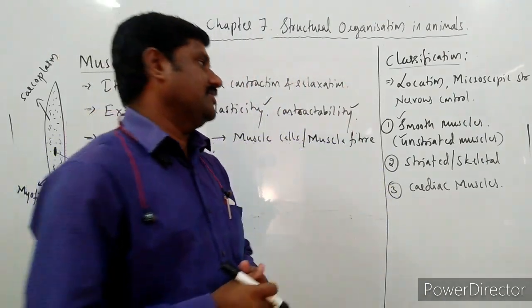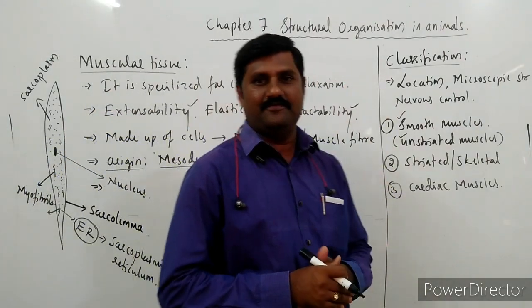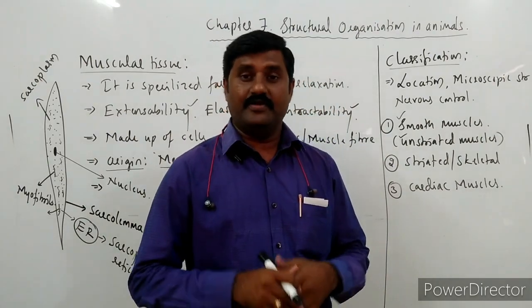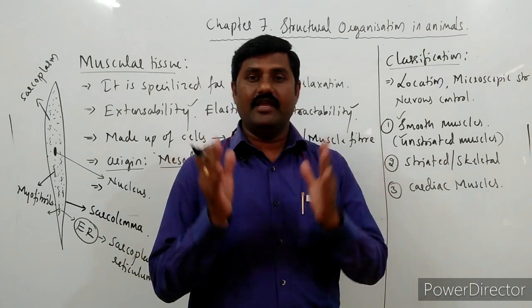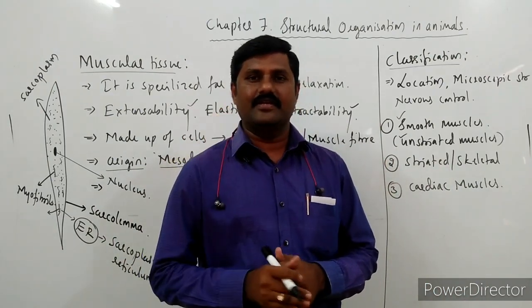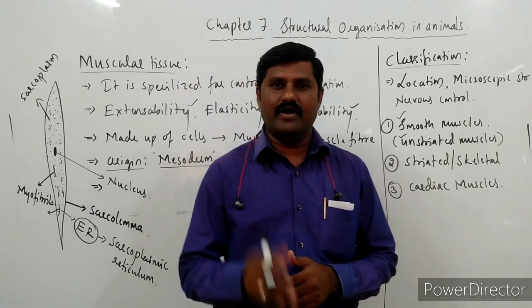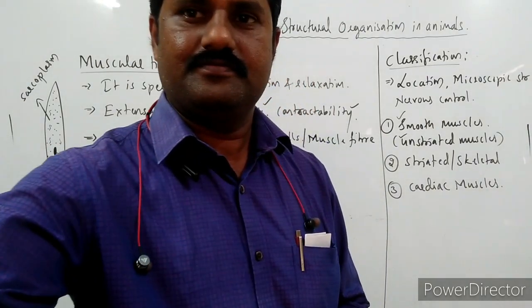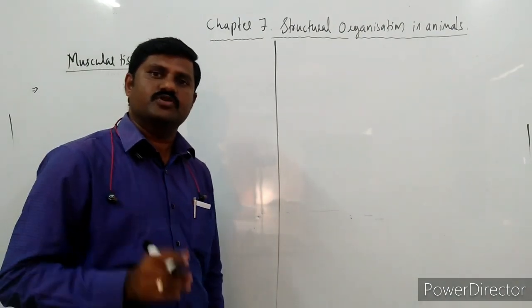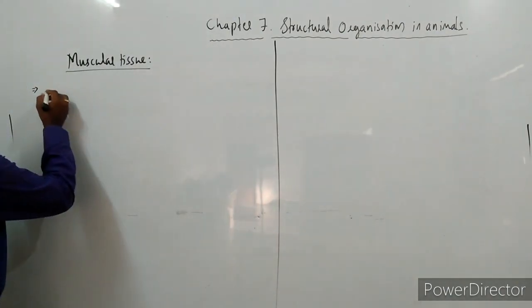So the structure of all these kinds of muscle fibers and their respective functions, whether they are voluntary or involuntary, how they are working, everything we will study one by one now itself. First one is unstriated muscles or smooth muscles.